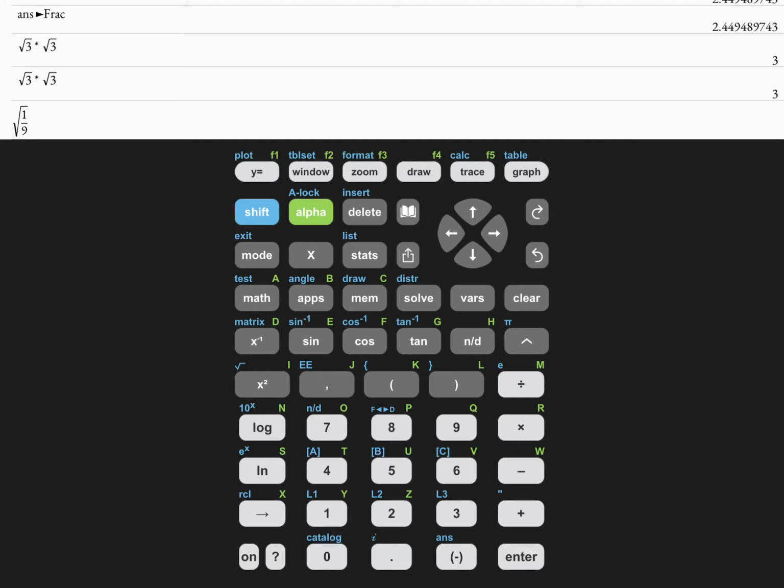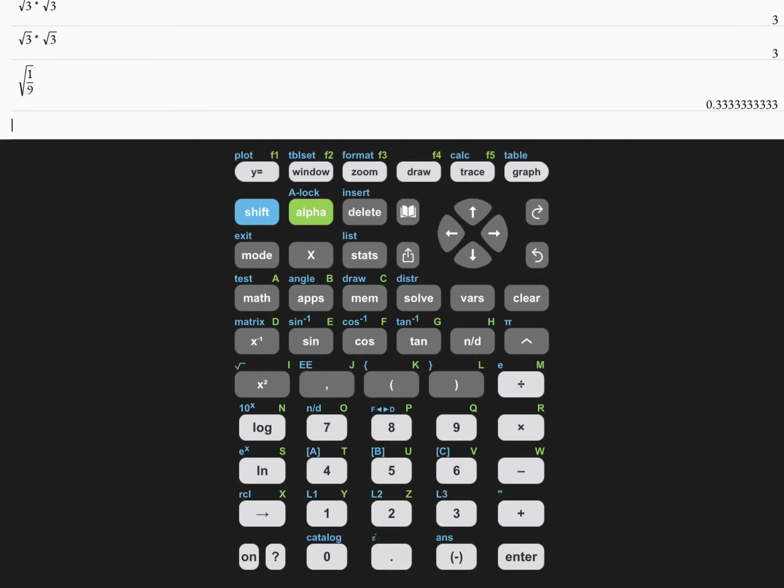Once you do that, press enter, and you will see what the square root of 1/9 is as a decimal. It's 0.3 repeating. Now let's do 6/25. 6/25 is a fraction. Fractions are division. So I do 6 divided by 25, and I get 0.24.